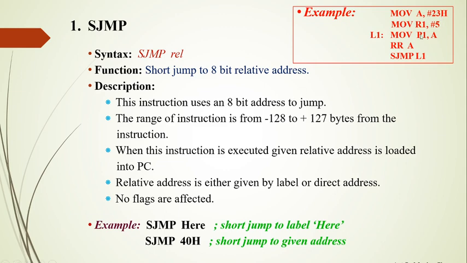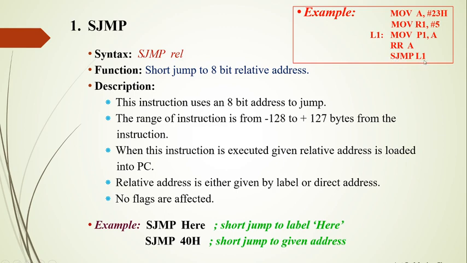Again, another instruction is MOV R1, #5, where the value 5 is loaded or copied into the register R1, and here is the label L1, and under this label the instructions are MOV P1, A. So here the content of the accumulator is given to port 1. Here is the instruction RR A, meaning rotate right accumulator, and again here the instruction is given SJMP L1.